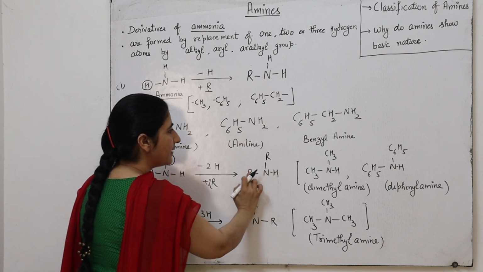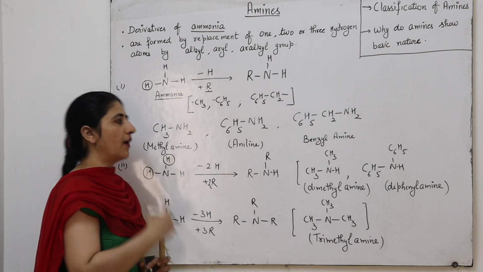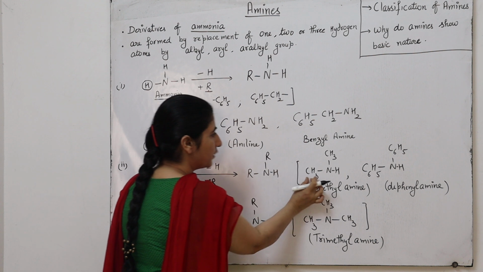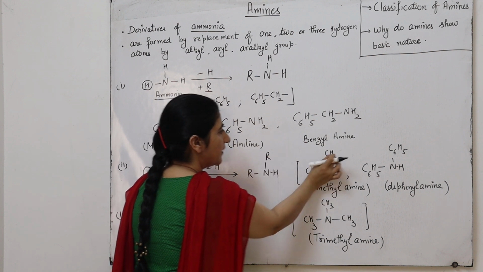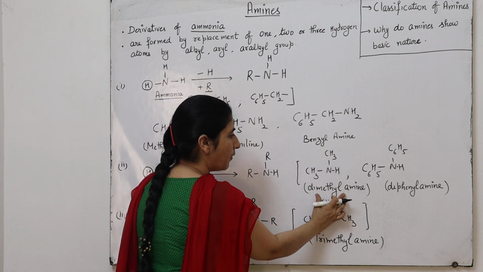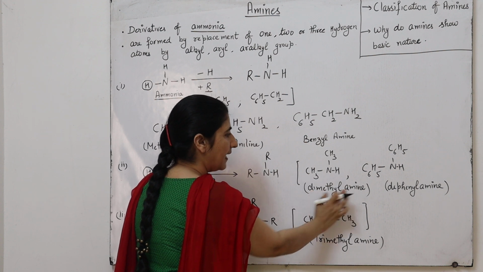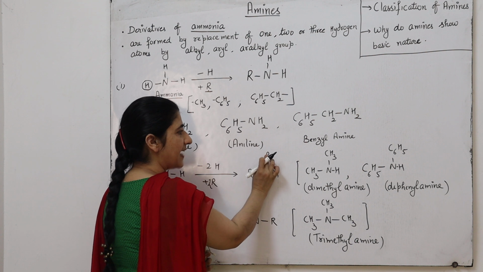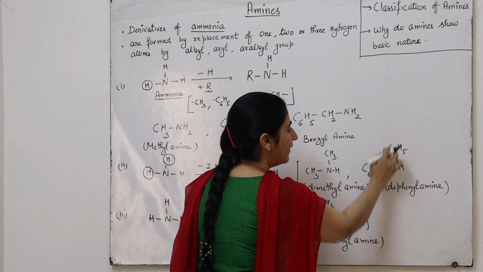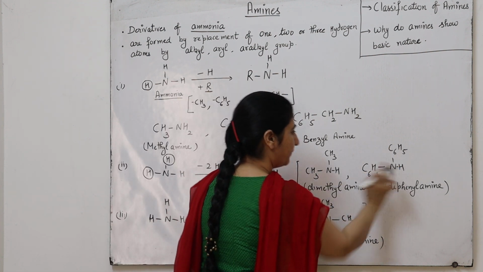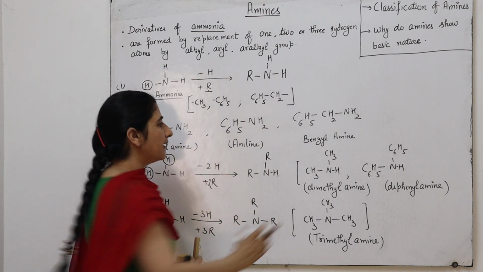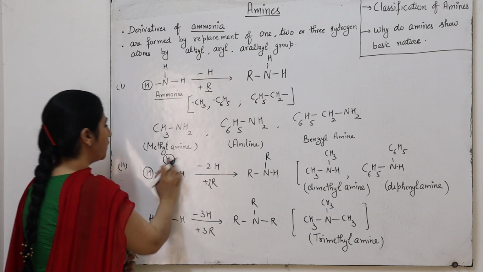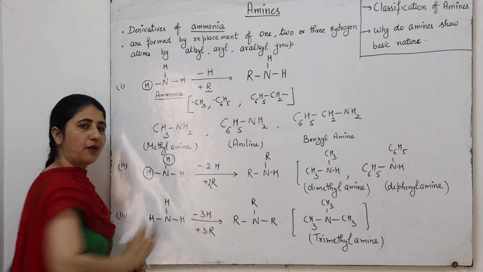By putting R equal to an alkyl group or phenyl group: if R is CH3 and the other R is again CH3, this compound is known as dimethylamine. If R is equal to C6H5, then we get diphenylamine. These are the amines when we replace 2 hydrogen atoms with 2 substituted groups.